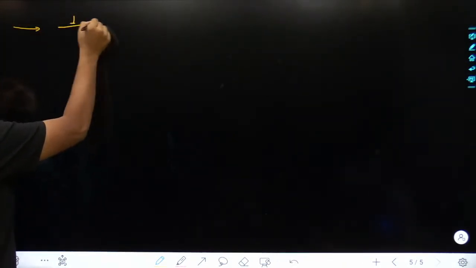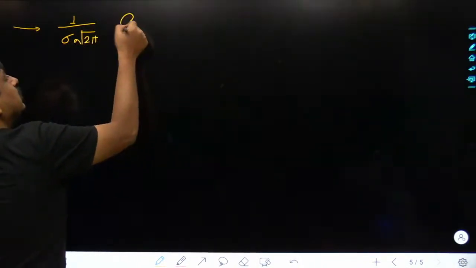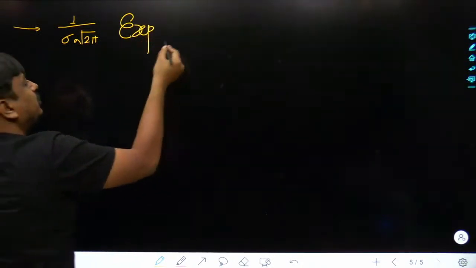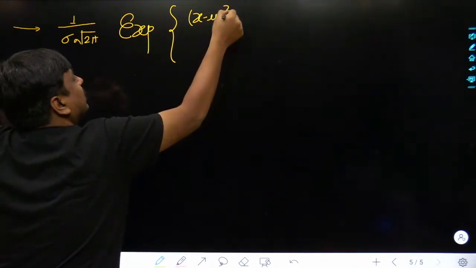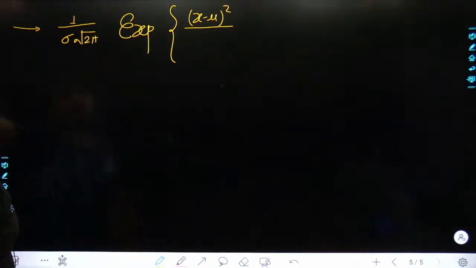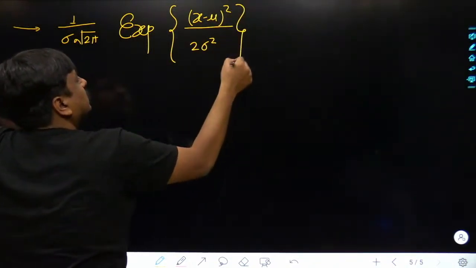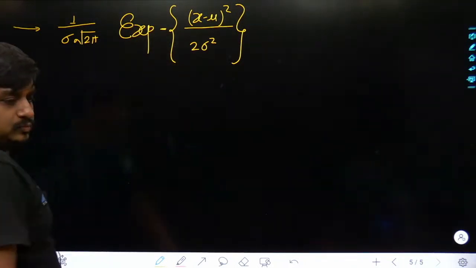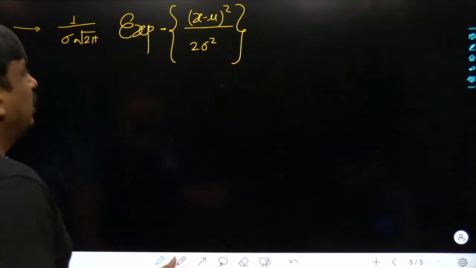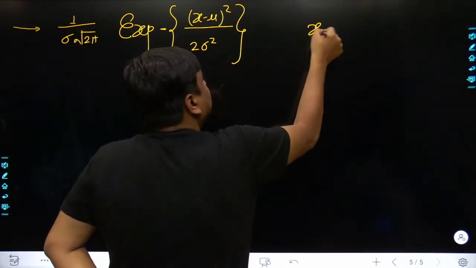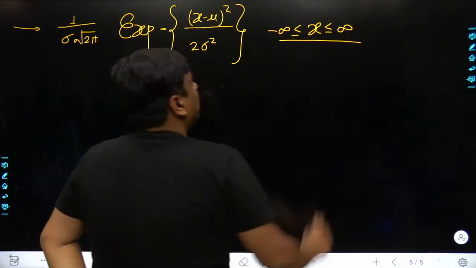That used to be 1 upon sigma root over 2 pi, times the exponent of minus (x minus mu) raised to the power of 2, and in the denominator we used to have 2 times sigma square, where x can vary from minus infinity to plus infinity.